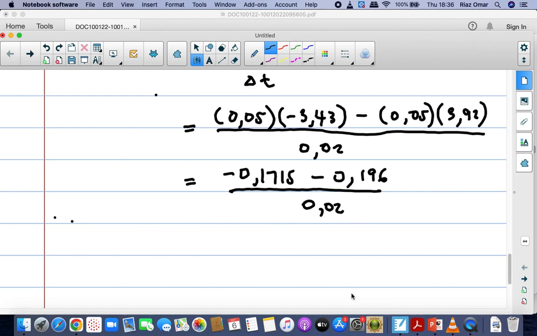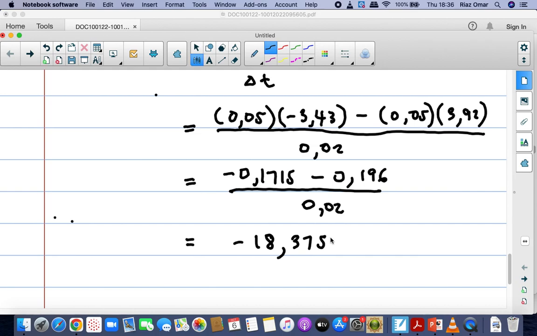Let's just put this in order. Minus 0,1715 minus 0,196 divided by 0,02, and that will give us an answer of minus 18,375.